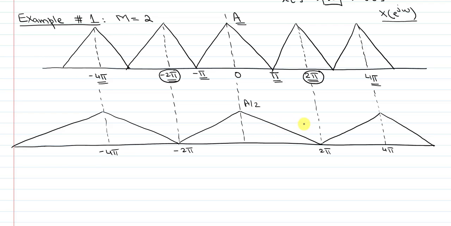This whole thing gets shifted by 2 pi. I'm going to use a different color and try to make it similar shaped. This is what the other copy will look like. It has been shifted by 2 pi, but other than that, it has exactly the same shape, and so forth.